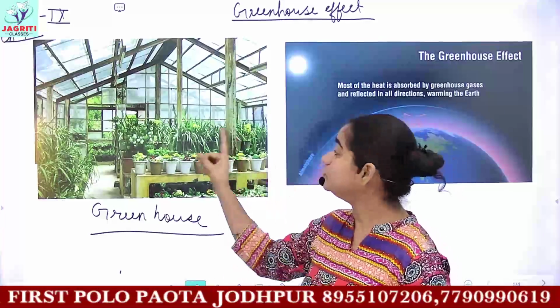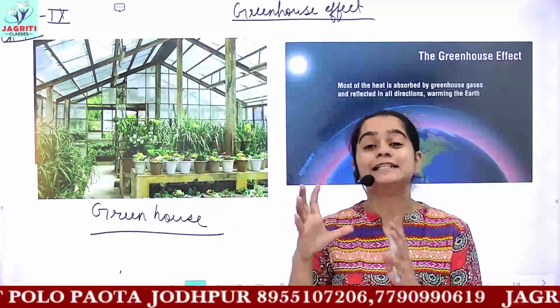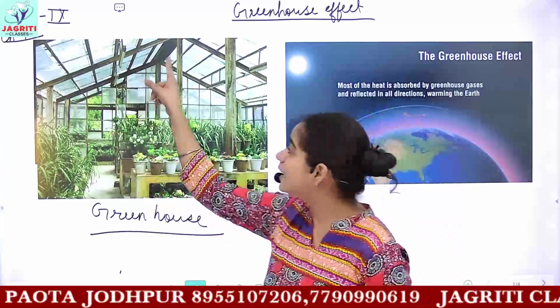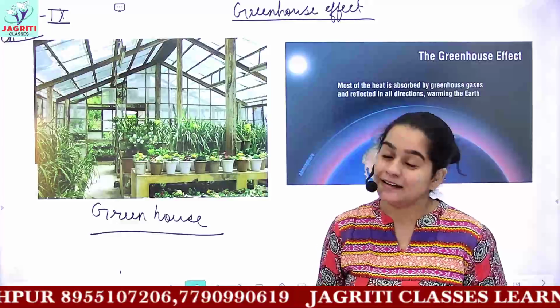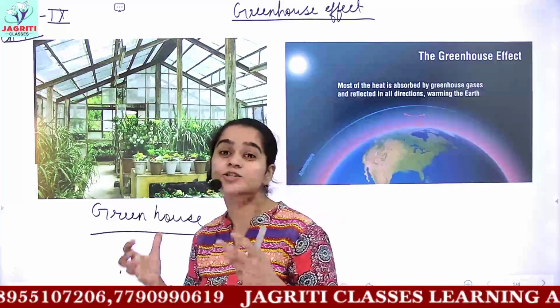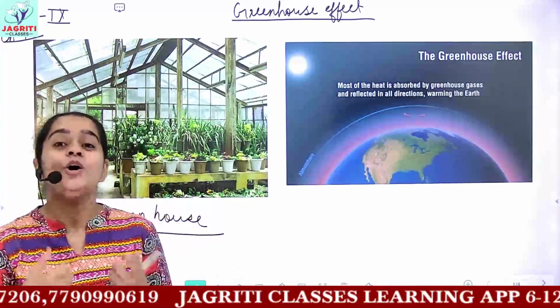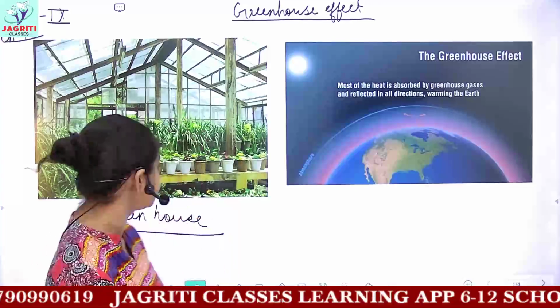And in order to make these plants grow during such extreme winter season, a greenhouse, that is a house-like structure made up of glass, was constructed. And this helped these plants to get the required amount of heat or to get the required amount of sunlight.